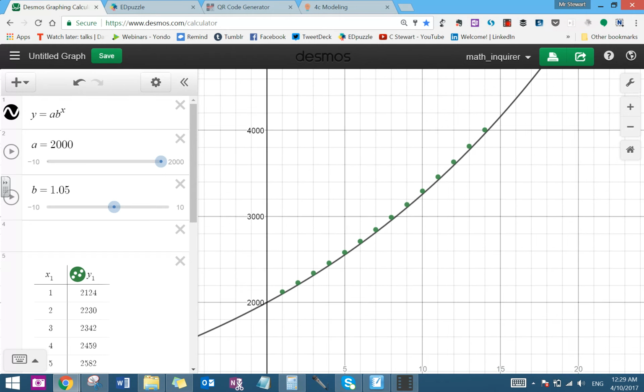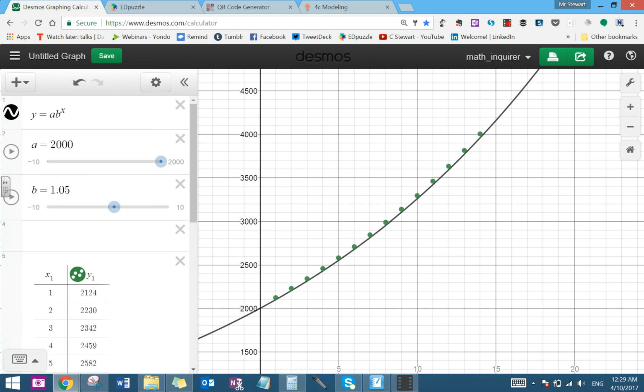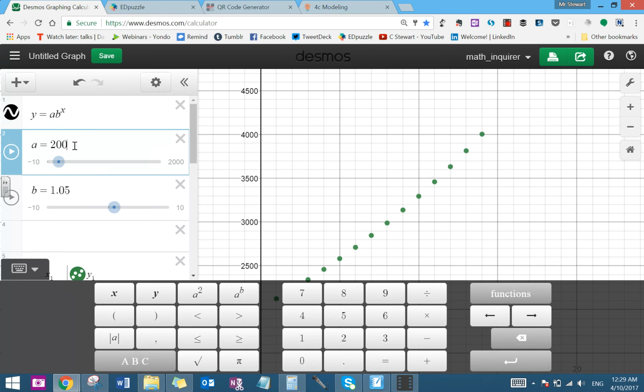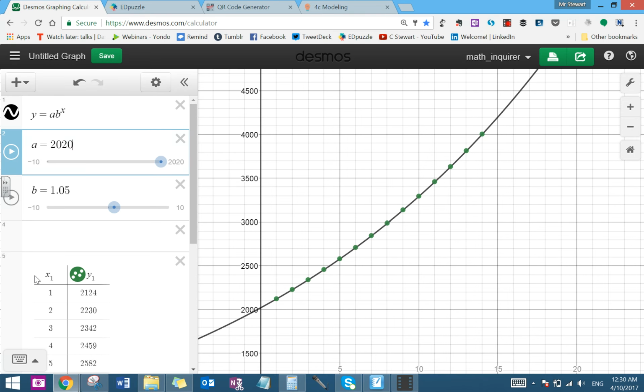You can appreciate how the curve is just riding underneath those points. Let's try 2020 and see what that does. 2020 brings that curve almost through all of the points, at least through their center. So I'm happy with that as a y-intercept.